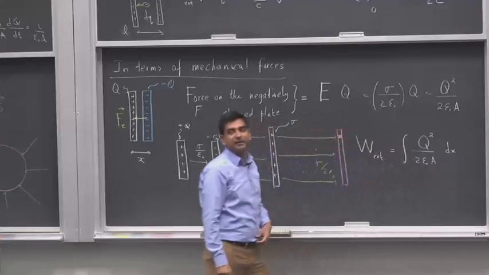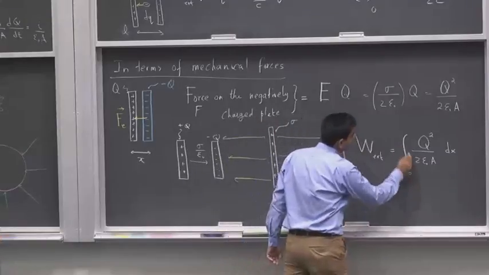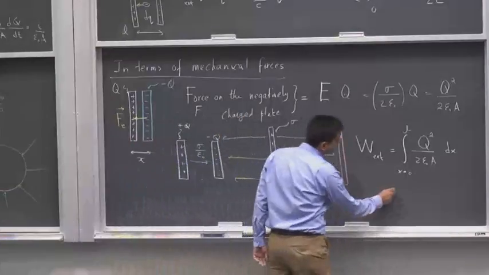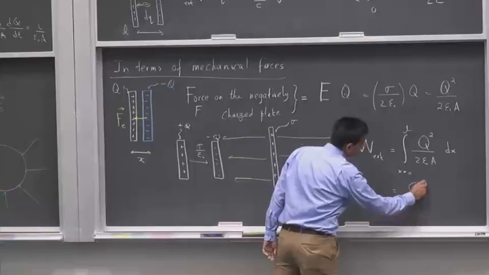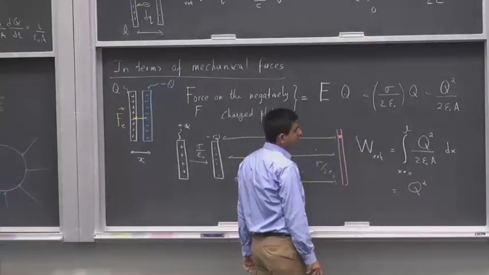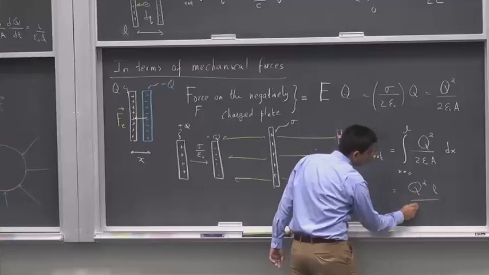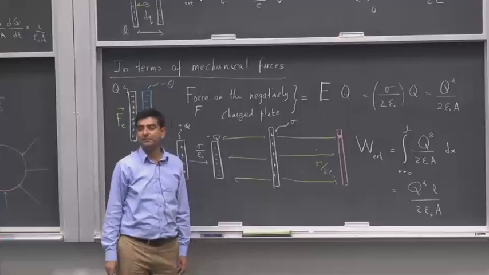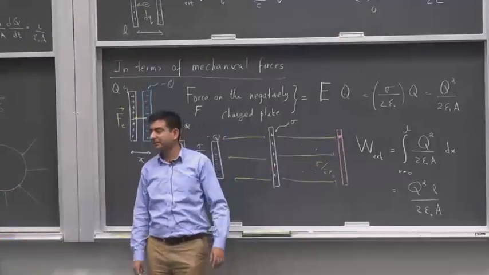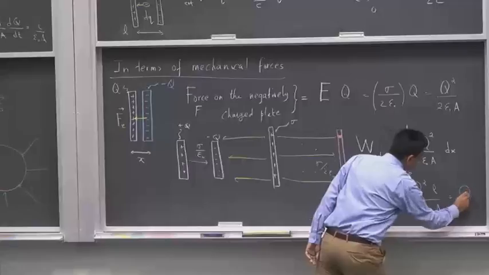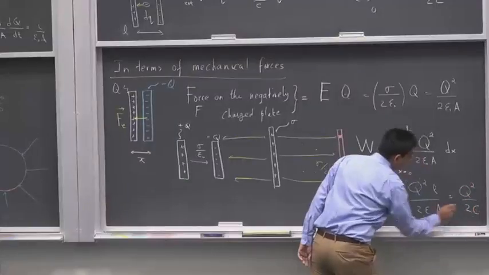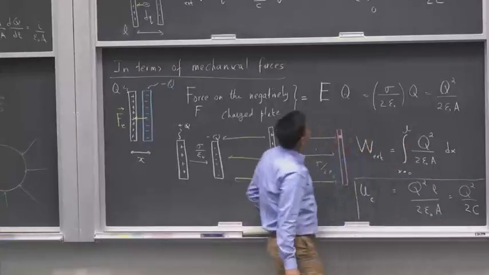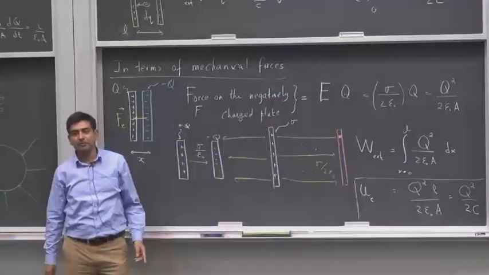As I integrate x from 0 to L, this turns out to be equal to Q square L over 2 epsilon naught A. But epsilon naught A over L is just the capacitance. So this is Q squared over 2C. And this is the energy stored inside the capacitor, Q squared over 2C, which is the same as the result that we obtained from the other approach.